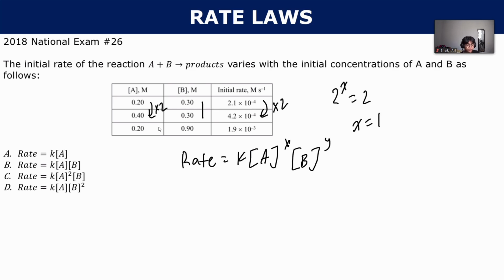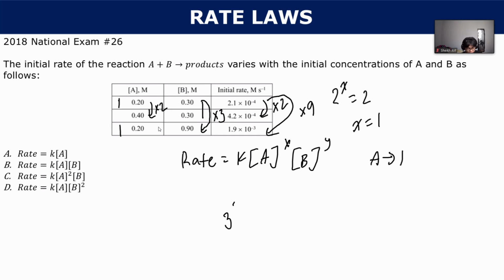So that means the rate order of A is going to be 1. Let's look at what the rate order for B is going to be by keeping the concentration of A the same. We can do that from row 1 and row 3. And so from row 1 to row 3, the concentration of B is going to triple. On the other hand, the initial rate from the first row to the third row is going to be multiplied by 9.